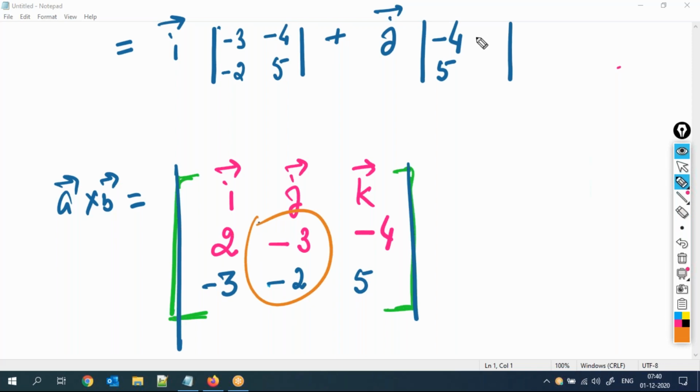Yes, because that J cross J will become 0. Do you understand? And you will write 2 minus 3, right? Yes, sir. And the last one being K, what will be that?